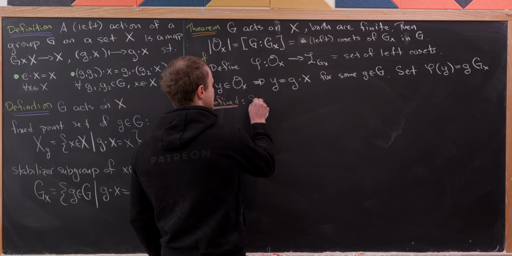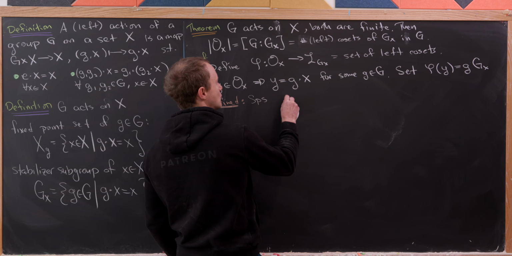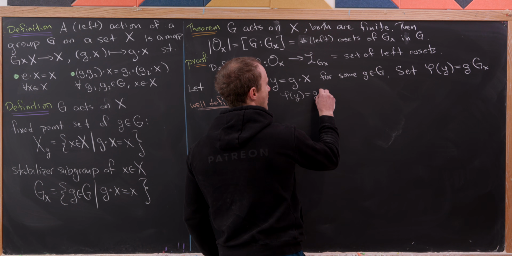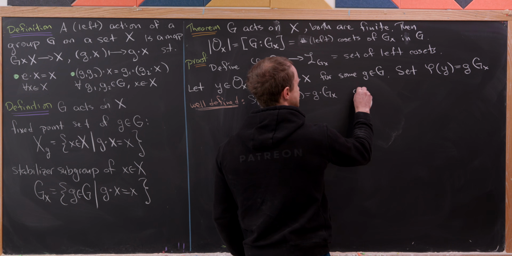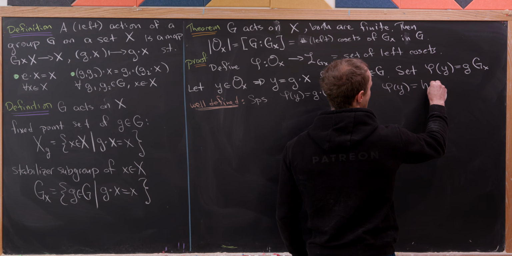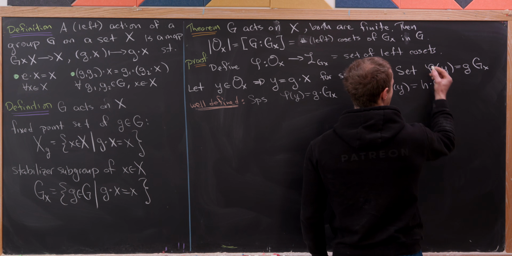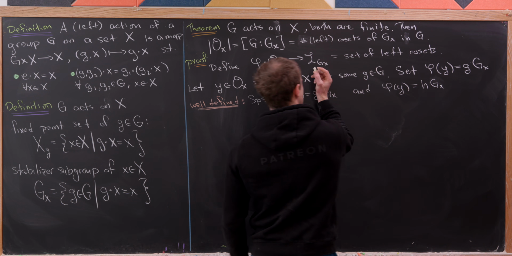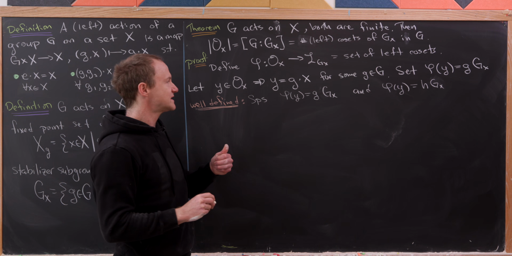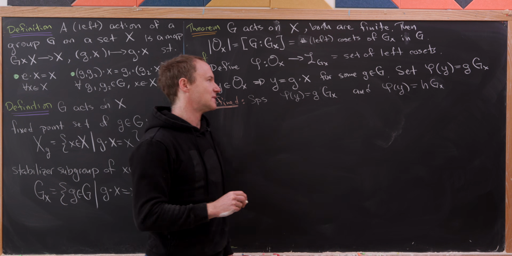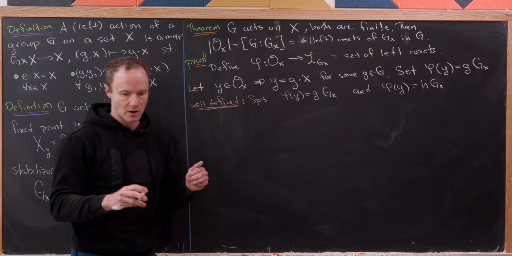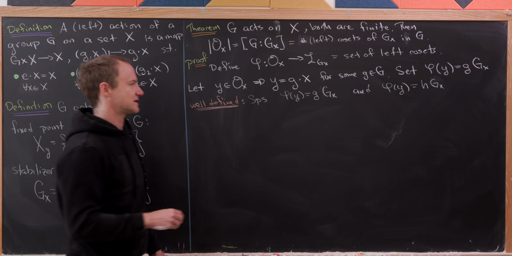Okay, so let's suppose using this rule right here that we have phi of y is equal to gGx, and phi of y is simultaneously assigned via this rule to hGx. Sorry, there shouldn't have been a dot here. That's not action, that's a coset. And then what this really means is that for some little g in G, we could have perhaps chosen two of them or something.